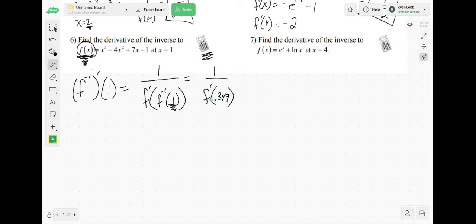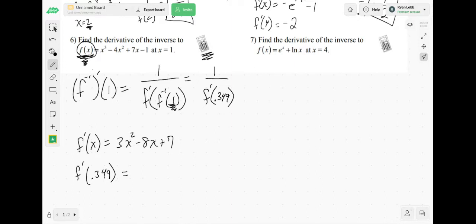So f prime of 0.349, now I know function f right here, f prime of x is going to be equal to 3x squared minus 8x plus 7. And then I have f prime of 0.349, right? Let's do that here.